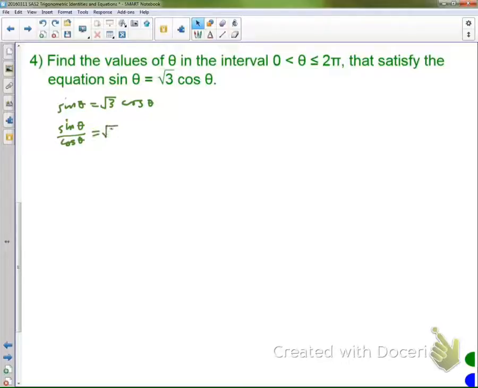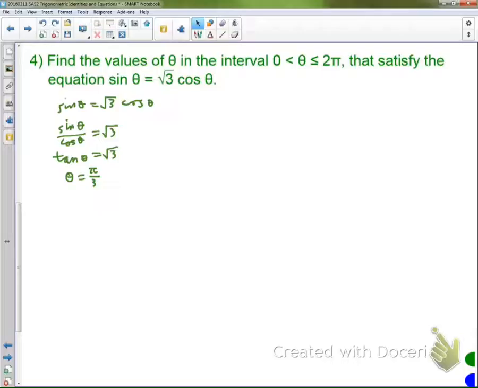That leaves us with root 3 on the other side. Now we've got theta on one side and our constants on the other. From the identity we saw in the previous section, we know that this is the same as tan theta. So now we've got tan theta is equal to root 3. This is one of our standard results, so we know that theta is equal to 60 degrees. Or in fact, since we're dealing with an interval that's expressed in radians, we want to give our answers in radians. So we're looking for pi by 3 radians.